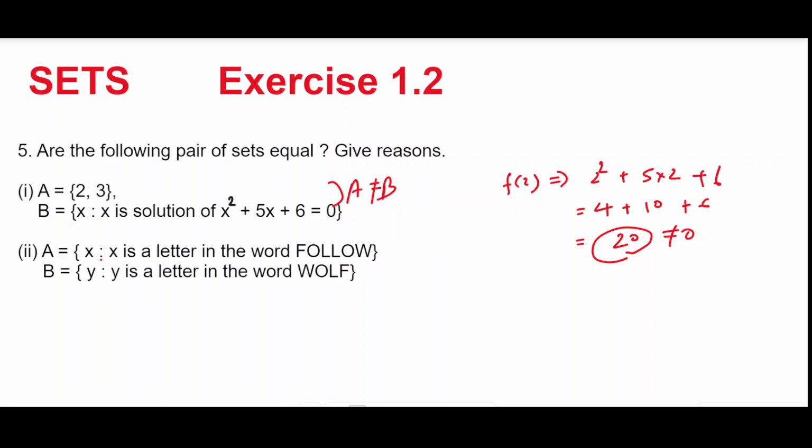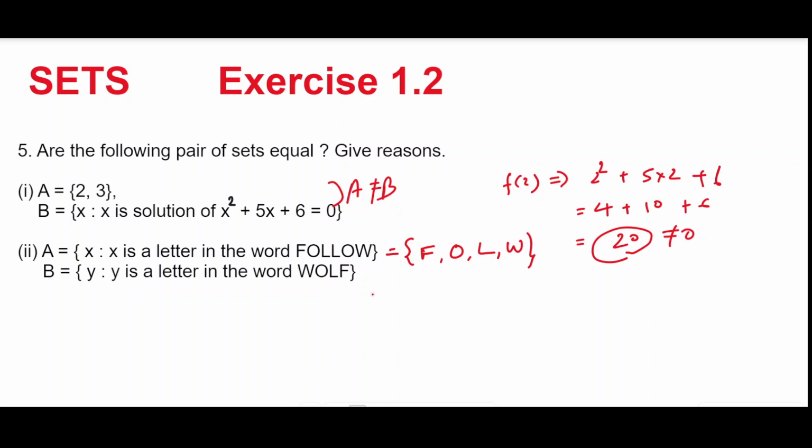A equals x such that x is a letter in the word "follow". Then we can write this as F, O, L, W. We should not repeat letters in a set.